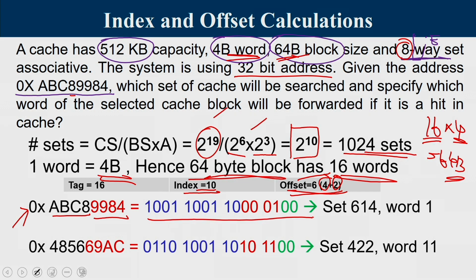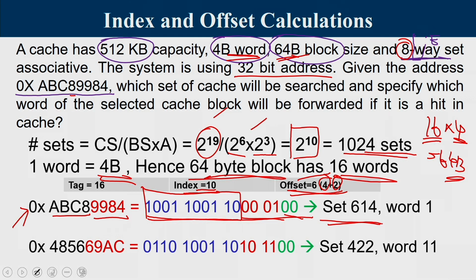The first 10 bits shown in blue color indicate the set index, then the 4 bits in red color indicate the word number and the green color is the byte within the word. So, for this particular address, if you take the blue portion alone, then the decimal value is 614. So, given this address, it is mapped to set number 614.